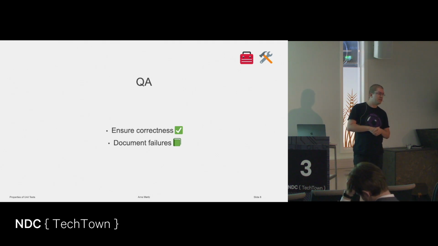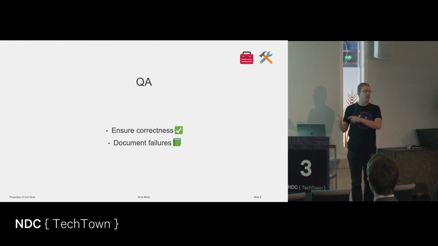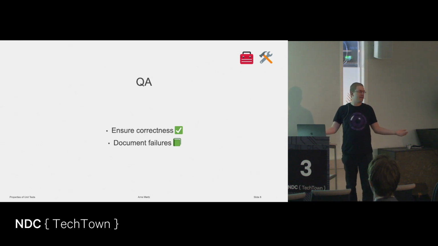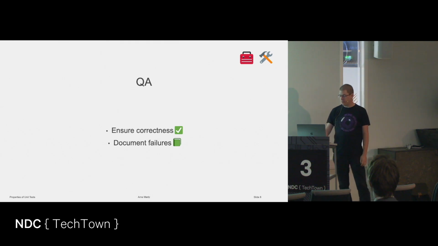What's also important is that when the unit test fails, it documents what's wrong. Because running a suite of 5,000 unit tests and then just the computer says no, great. What do I do now, right? So we really want to see what is failing here, and we get to that later, what the documentation of failures entails.